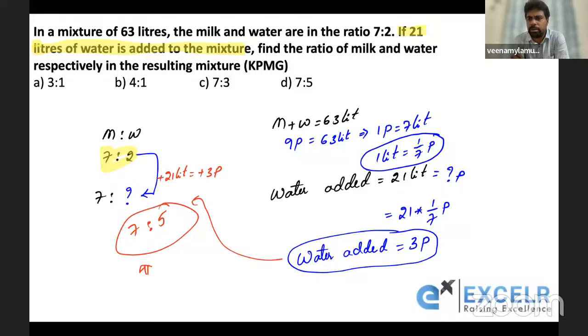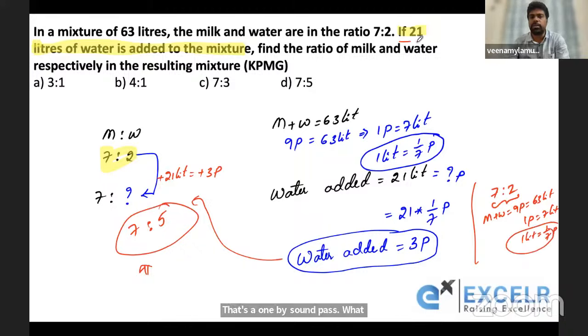Ratio. See here, initial ratio is 7:2. Initially, milk plus water is 9 parts, that is 63 liters. So 1 part is 7 liters. So 1 liter equals how many parts? 1 by 7 parts. That's all. Water added is how many liters? 21 liters.